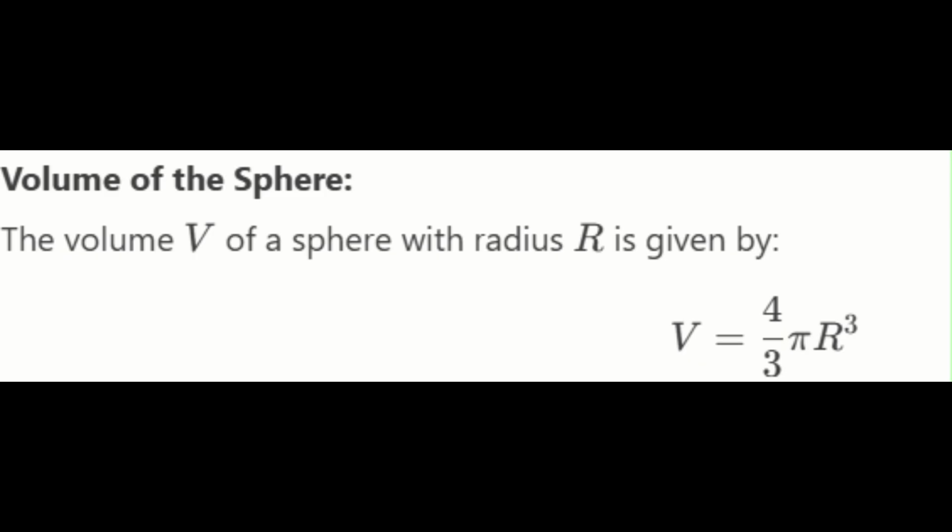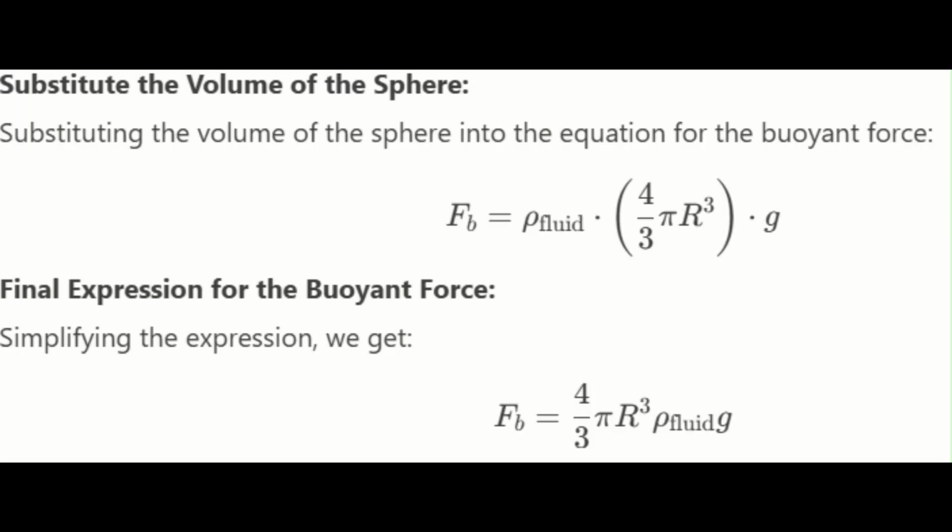The next step is to substitute this value into the previous buoyant force equation. After substitution, in place of V we have rho into 4 by 3 pi r cube into g. So the final expression of buoyant force would be 4 by 3 pi r cube rho g. But in our question, there is no rho g; they mentioned gamma.